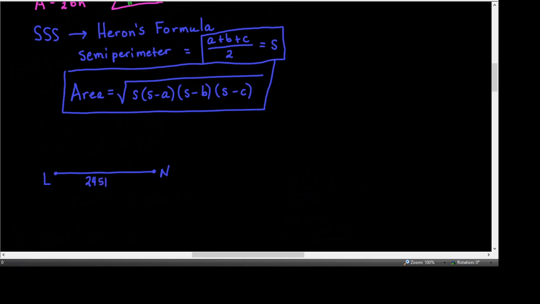From New York to Montreal, let's say Montreal is about right there, is a distance of 331 miles, again as the crow flies. And from Montreal to Los Angeles, and by the way, if you didn't draw this to scale, which I didn't do, it's no big deal.